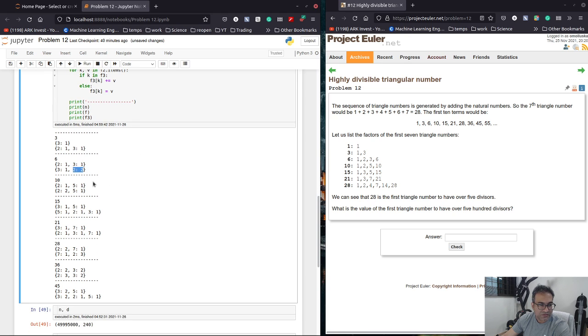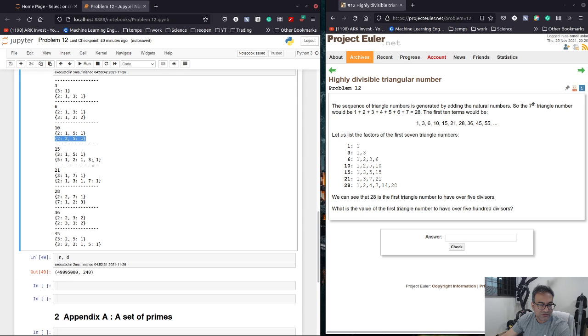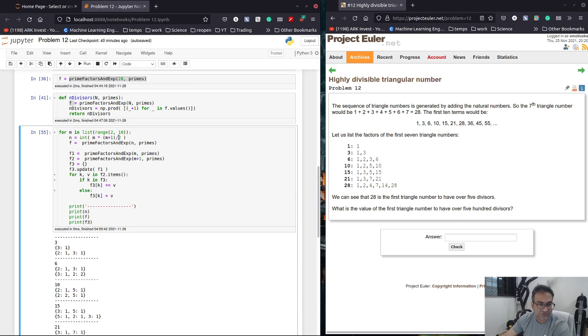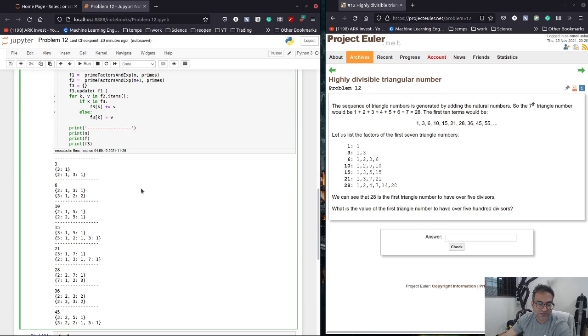Okay. This has 2 1 5 1. This has an extra 2 1. Okay, and this is because we are not dividing by 2 over here. So yeah, we have an extra 2 which we need to reduce.